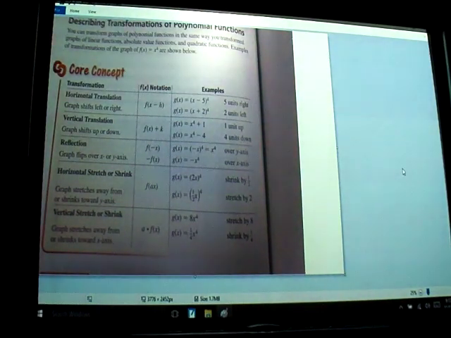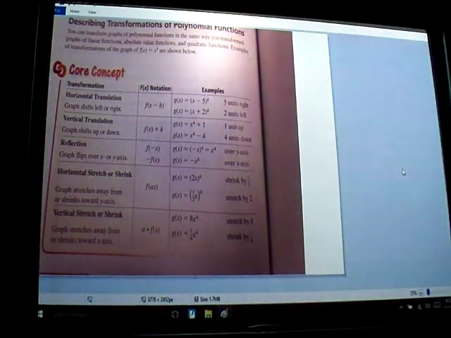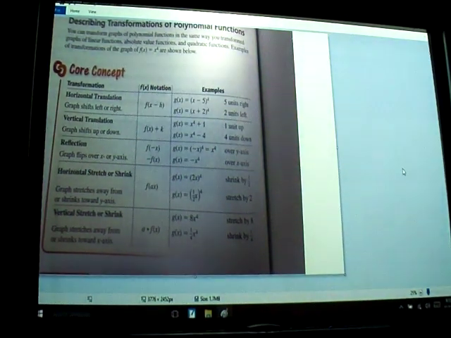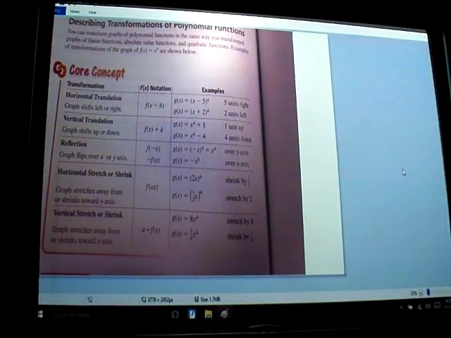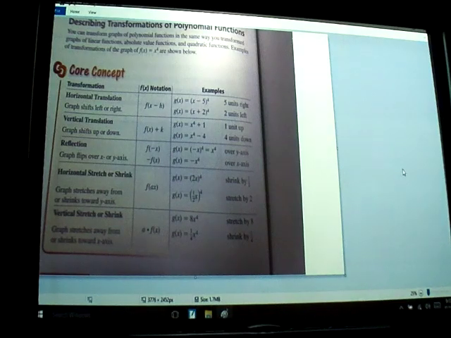Y'all ready? G of x equals (1/2 x) to the fourth. Then it says stretch by 2 on the side.